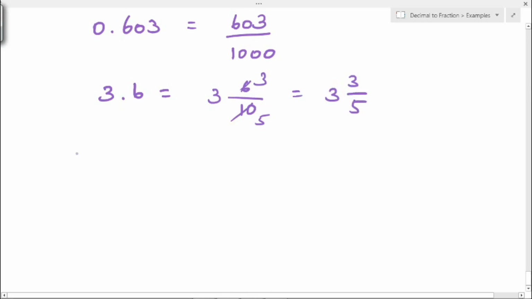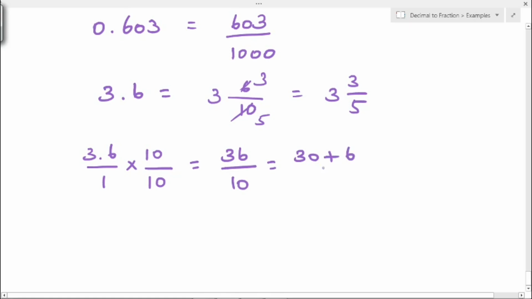Or else you can use another method, like 3.6 can be written as 3.6 divided by 1, into, since after the decimal point we have only one number, we multiply and divide by 10. So 3.6 into 10, that is 36 divided by 10. This 36 divided by 10 can be written as 30 plus 6 divided by 10. I am just splitting the number 36 as 30 plus 6.